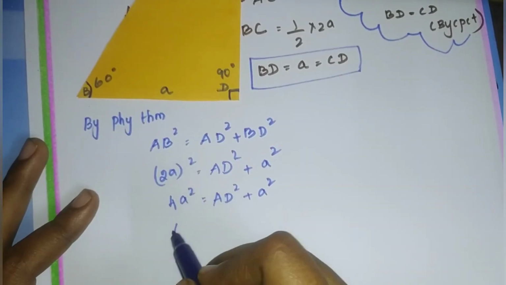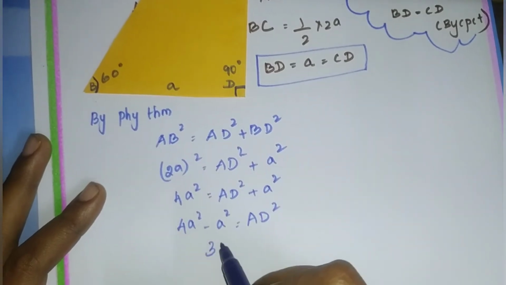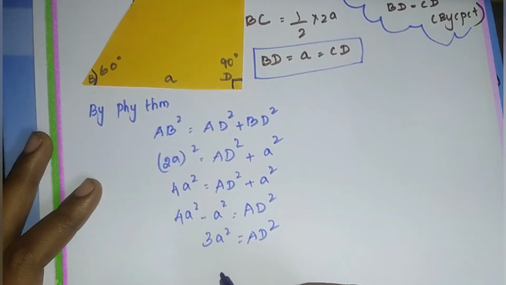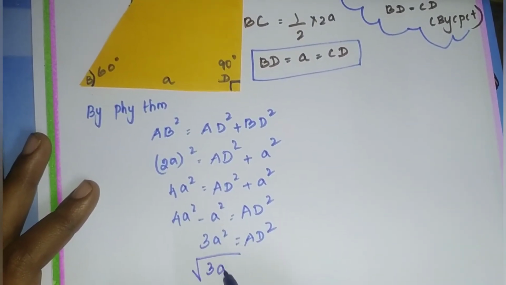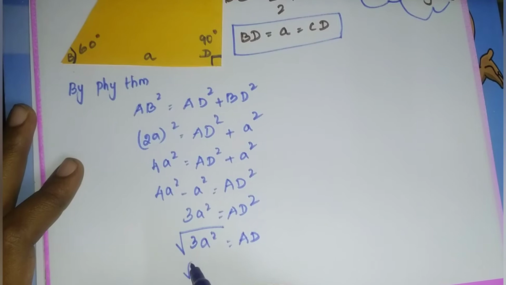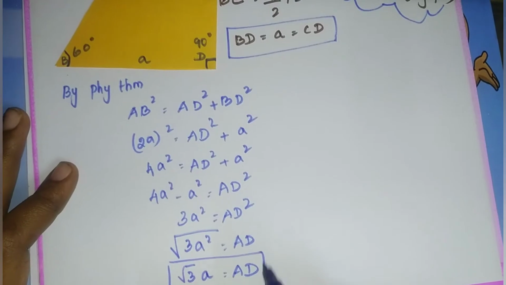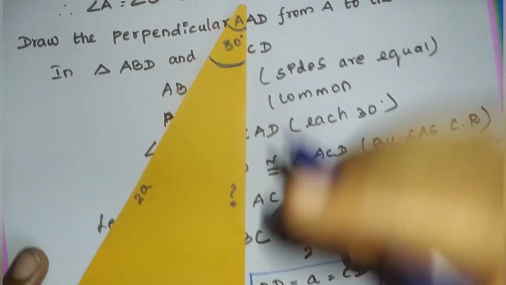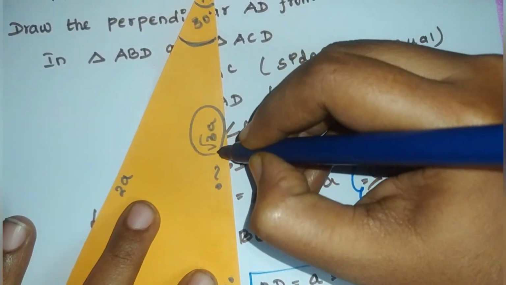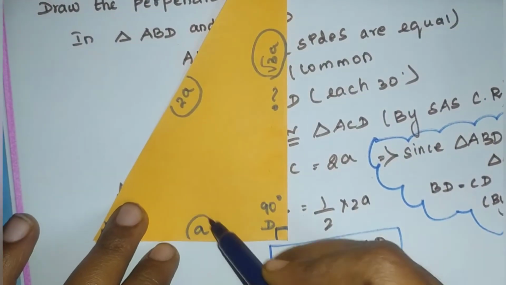Bring this a square to the left hand side, minus a square. And then 3a square is equal to AD square. Taking the square root, root 3 a is equal to AD. So this side AD is root 3a and AB is 2a and BD is a.